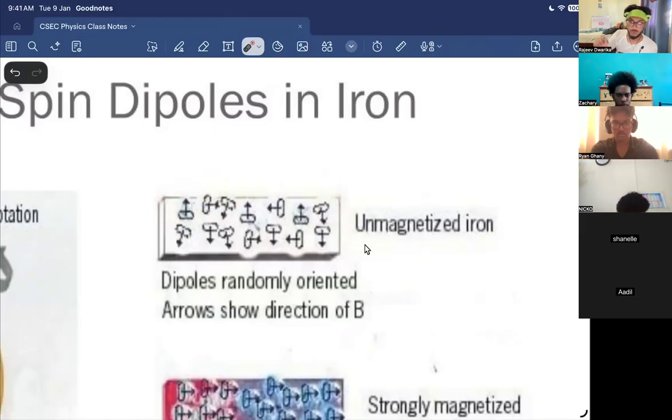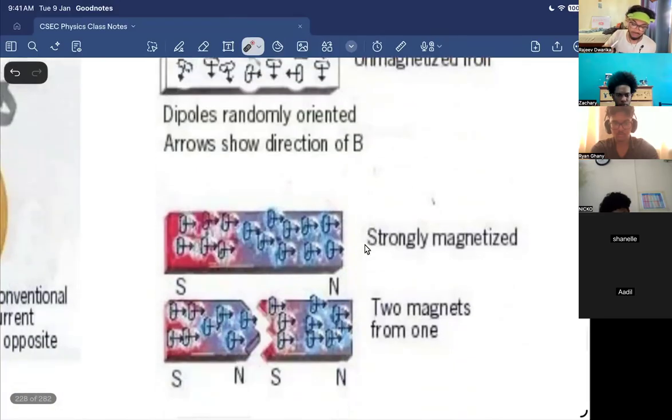Ideally, if you want a strong magnet, all of them should be pointing in the same direction. Because if all of them are pointing in the same direction, what happens? The forces are going to add together.